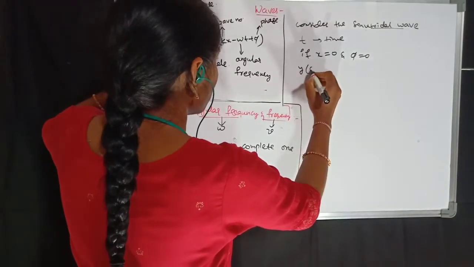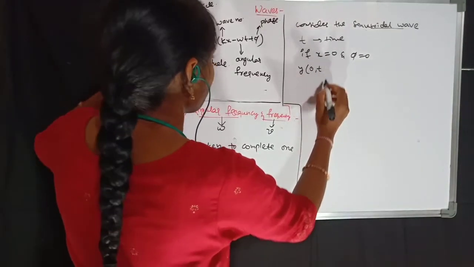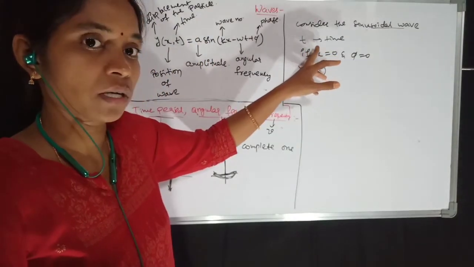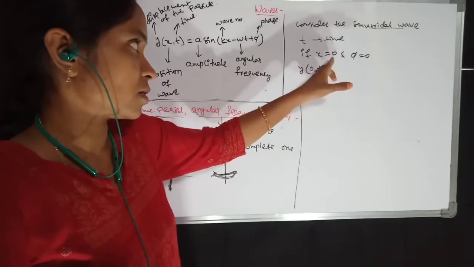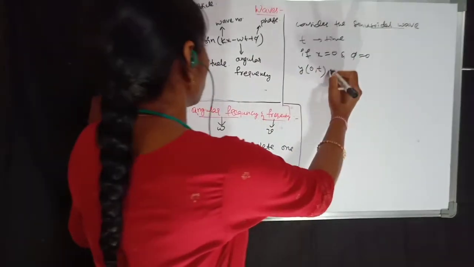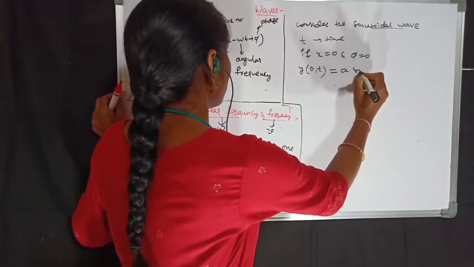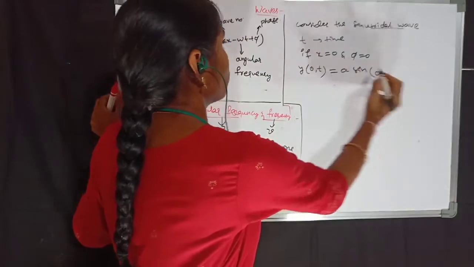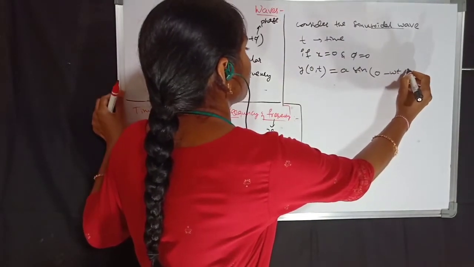Y of 0 comma t: we will have sine of k into 0, which is 0, minus omega t plus phi.